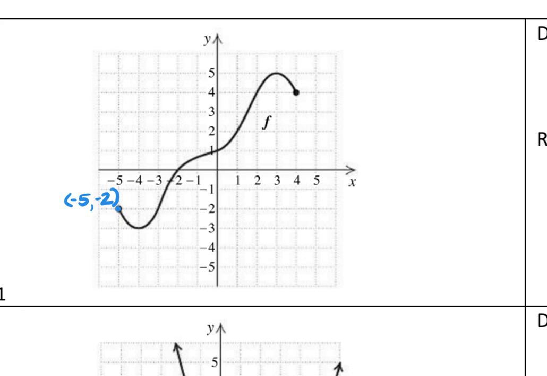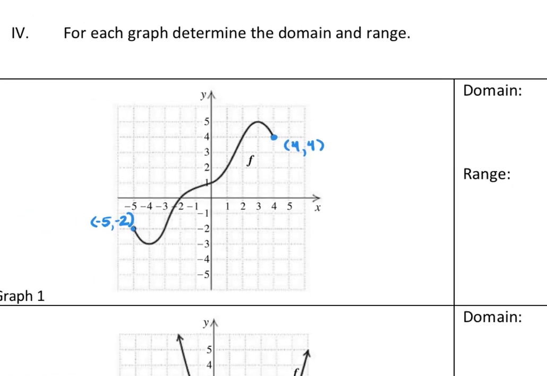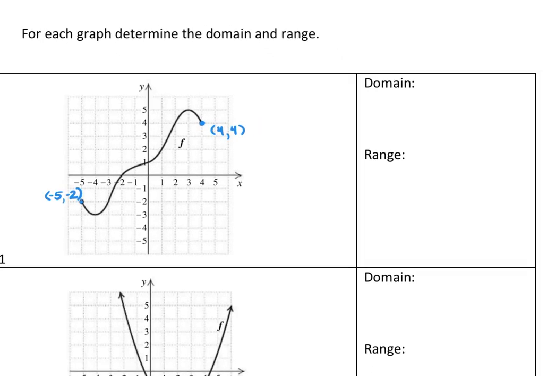If we go all the way to the right, we have a rightmost point here, and the coordinates of this point are 4, 4. And so when we go to list the domain, remember domain, we only want the x values. So all we care about is our -5 and our +4.